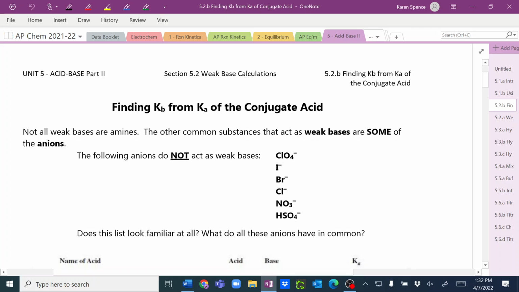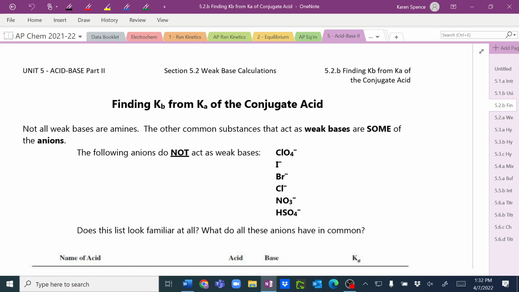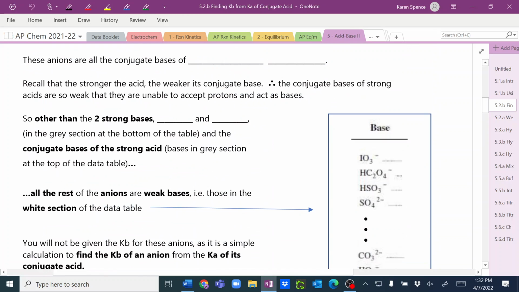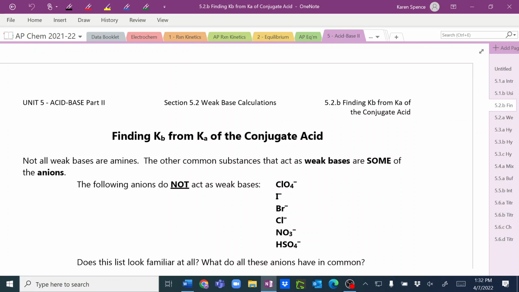Finding Kb, this is page 29. Finding Kb from Ka of the conjugate acid.